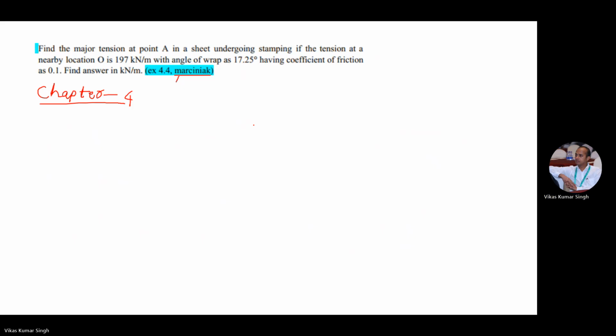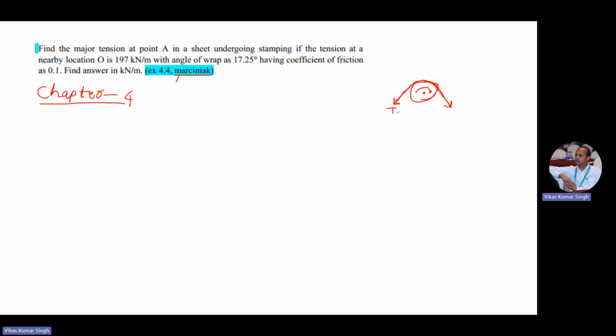If you are familiar with engineering mechanics problems of this type, there was a belt going around a pulley, with this as the center. One was the tension side and one was the slack side.